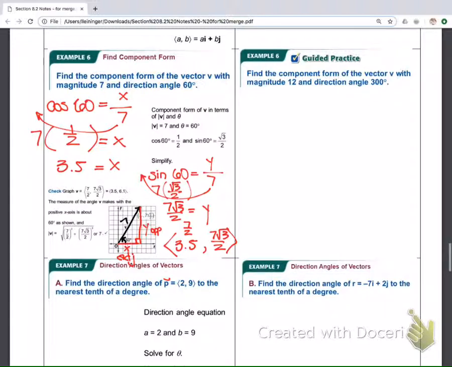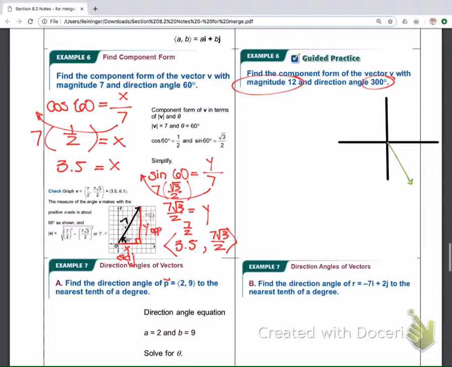So we're going to do the same thing for the second one here. This time you have a magnitude of 12 and a direction angle of 300. We have to draw our own picture this time. Where's 300? Okay, it's in the fourth quadrant. All right, there's about 300 degrees.